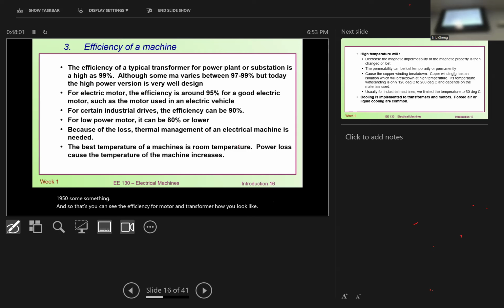The best operation for a motor or transformer is at room temperature. They are all designed for room temperature. However, because of power loss and efficiency, the temperature of the motor and transformer may go up. As I mentioned before, magnetic properties don't work well at high temperature.